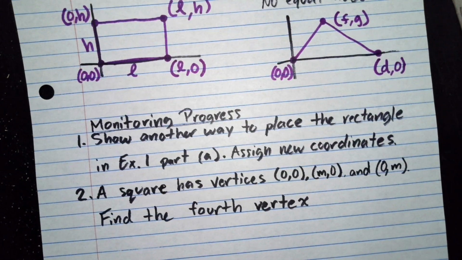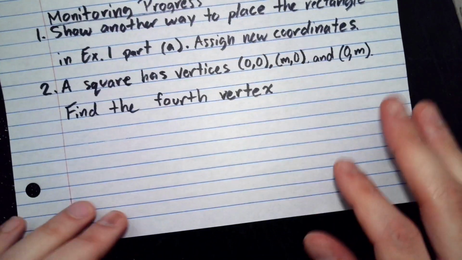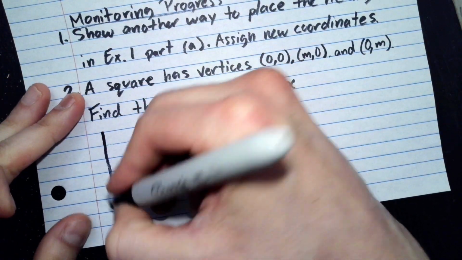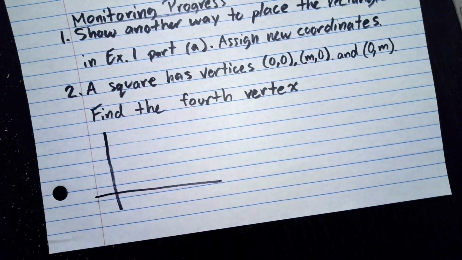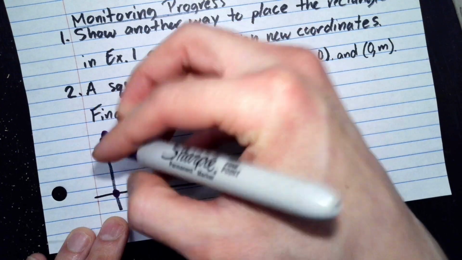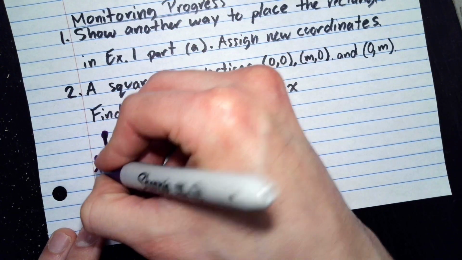We can very much put it another way and it will still work. Another convenient way that we can use is the following. If I do my axis again, and now let's say I want to do my length first. So I do the long side first, and I'm going to call this L.